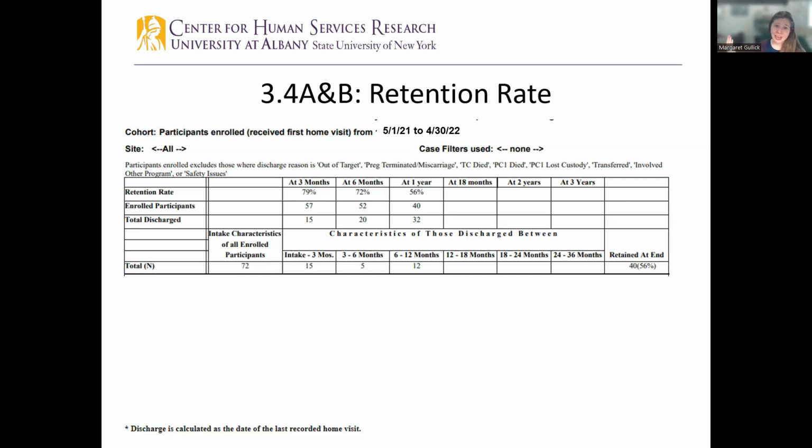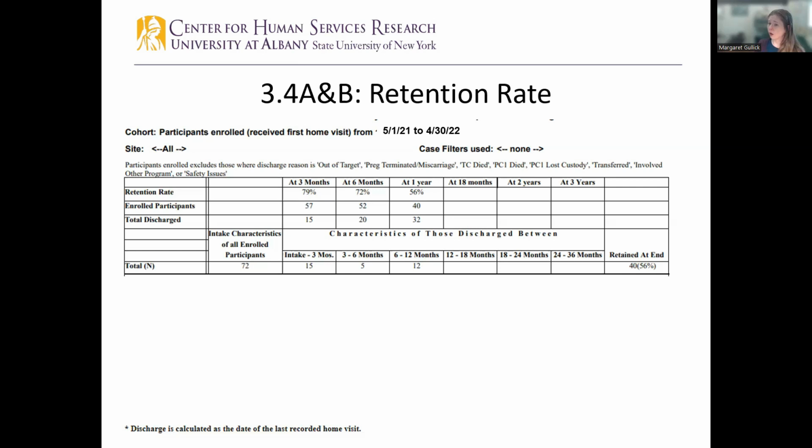And then finally, April 1st, you're like, look, it's been 3 months of not being able to get in touch with them, and you discharge them. Their retention is actually going to be backdated to the end of December, to the date of their last home visit, because that's the last time they actually received services. So you don't get those extra 3 months when they were on CO if they never come back and get another home visit, because they weren't actually getting services for those extra months.